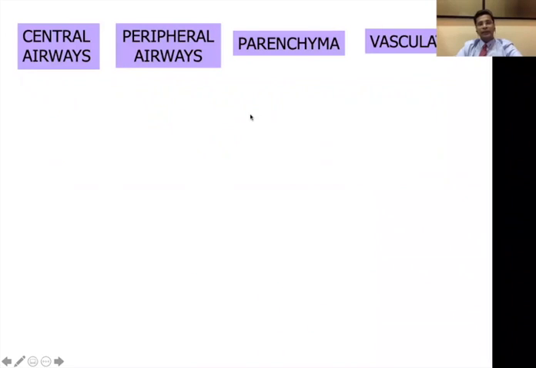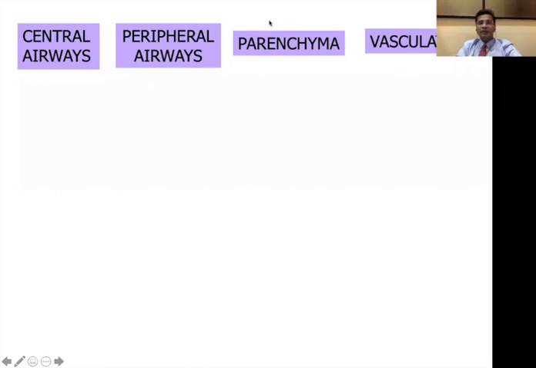In COPD, central airways, peripheral airways, the lung parenchyma, and vasculature are all involved to a varying degree. Again, chronic bronchitis is mostly central airways and peripheral airways.